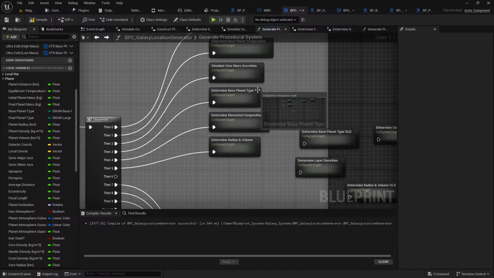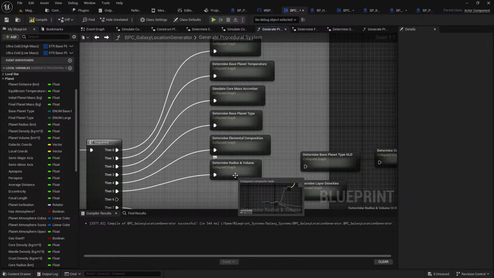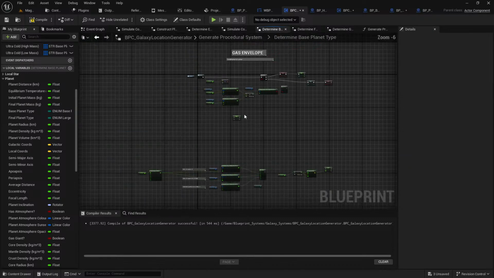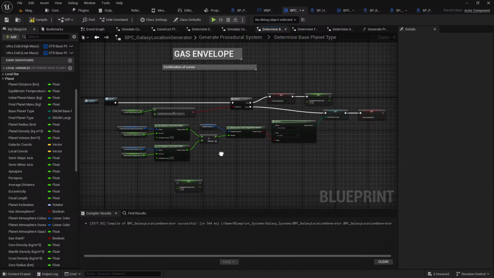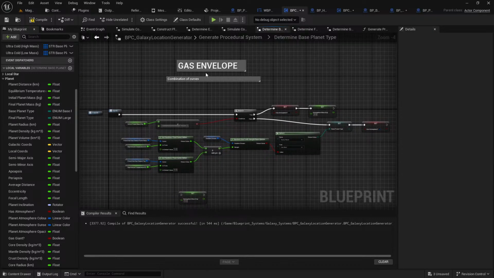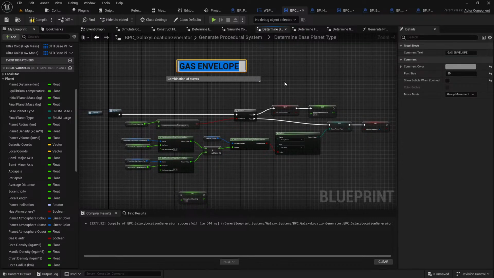I suppose it is, because for gas giants we need to add more mass onto that for the gas envelope, which we're not doing here. Base.